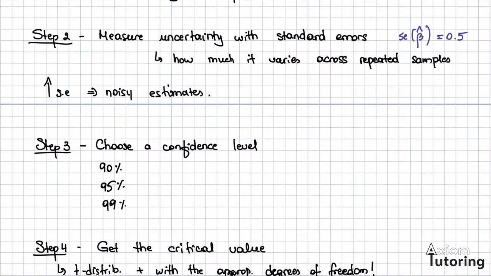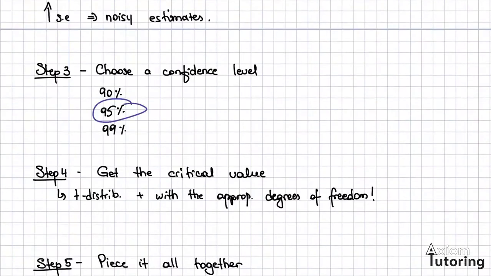Out of the three most standard confidence levels, I pick 95%, which gives me a critical value for step 4 of approximately 2. It's 1.96, but depending on the degrees of freedom, let's just say approximately 2.